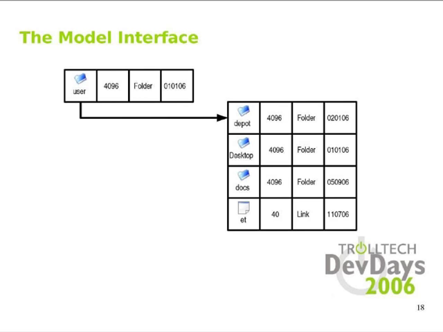It's a hierarchy. So I express it as a hierarchy of tables. In this case, only the items in the first column can have children. But when they have children, they can have a table of children, as you can see here. That's the main idea of the model interface. If you can grasp that, you're pretty far.